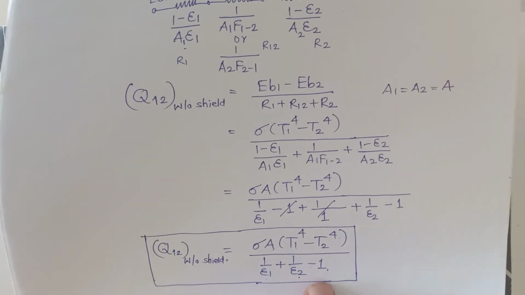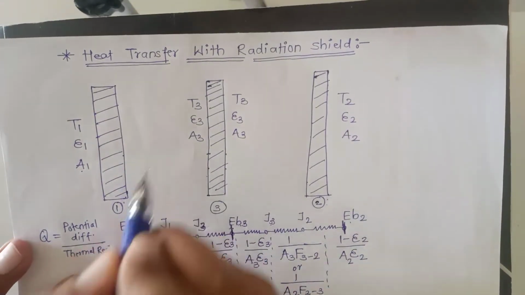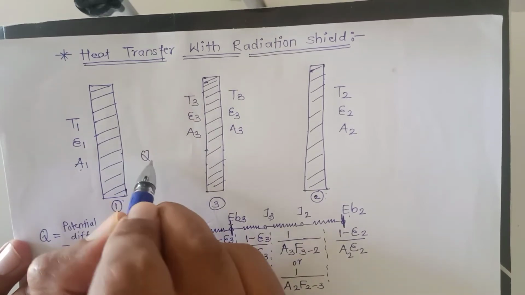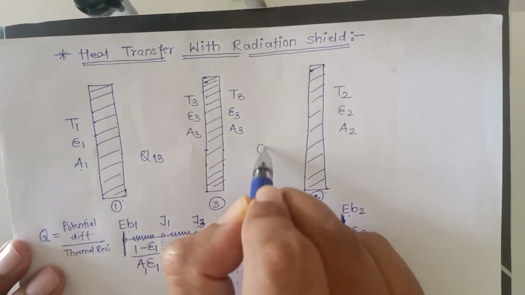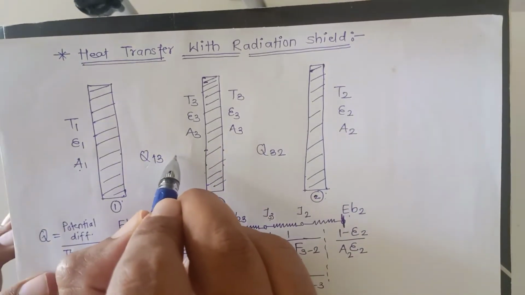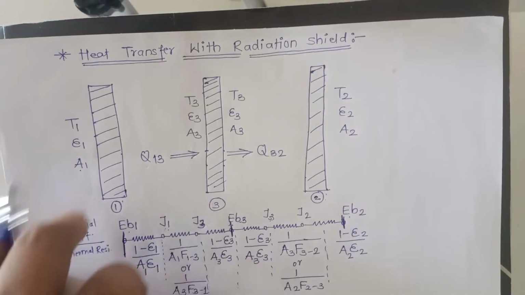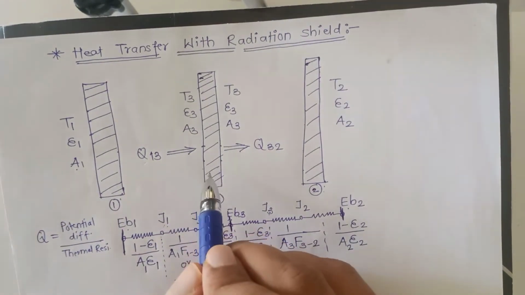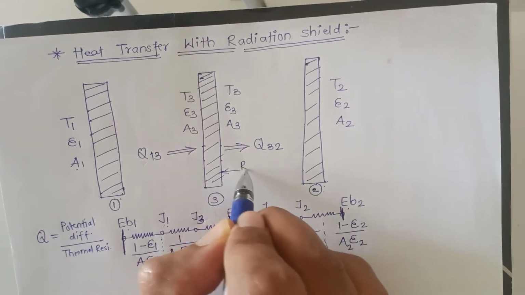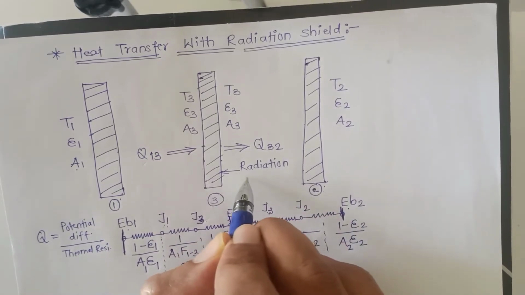Now we can extend this understanding to our problem at hand. Using that same expression, we can calculate the heat transfer between surface 1 and 3 and heat transfer between surface 3 and 2. Remember, at steady state, heat transfer between 1 and 3 will be equal to heat transfer between 3 and 2 because this radiation shield does not add or remove any energy from this system.